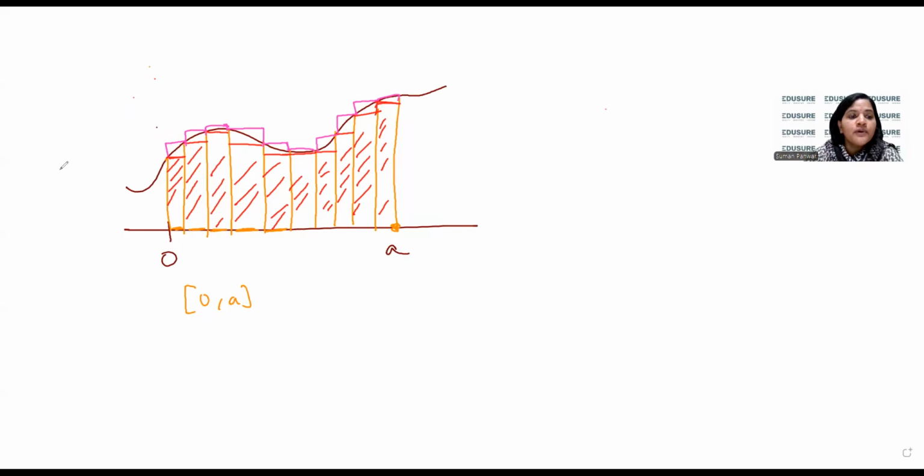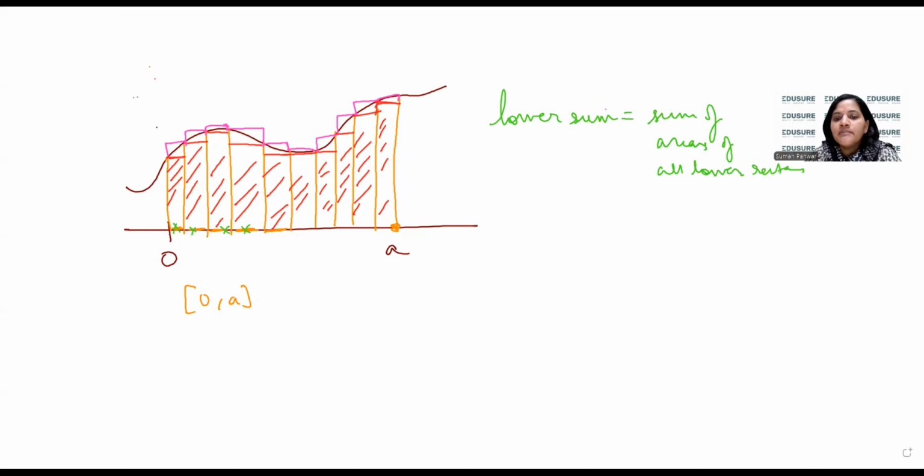Now we can notice one thing, that as we increase the number of elements in this partition, the lower sum... What is lower sum? The lower sum is the sum of areas of all lower rectangles. Okay. And similarly, we will have the upper sum.